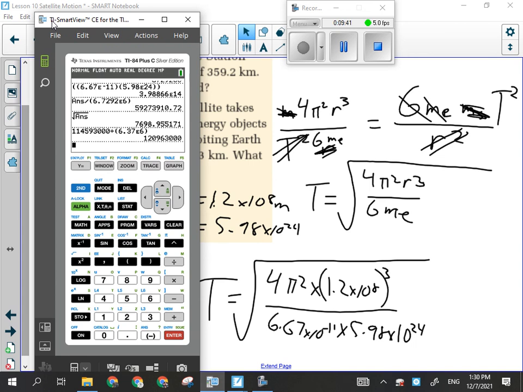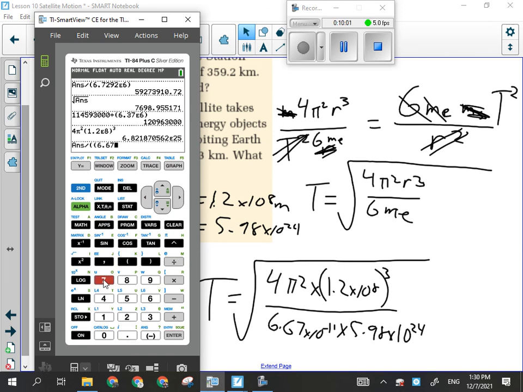So we're going to have 4 pi squared times 1.2 e 8, and that's got to be cubed. That's that big number there, divided by 6.67 e negative 11, times 5.98 e 24, and then I've got to square root that number.